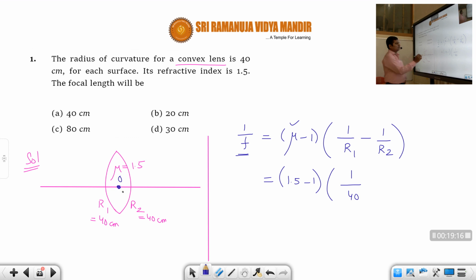Now to know the sign for this R1, R1 is part of what, students? This sphere, correct or not? R1 is a part of this sphere. So that means this sphere's center of curvature will be here. It cannot be on the left side, it has to be here. So this is the center of curvature of this sphere.